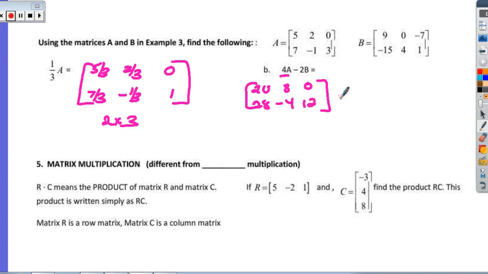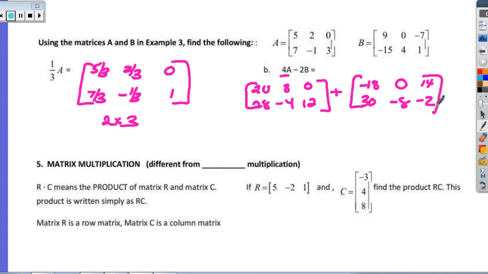Now I'm going to take this negative 2 and change it to a plus. I'm going to multiply negative 2 into all of these elements inside matrix B. And that's going to result in negative 18, 0, 14, 30, negative 8, negative 2. I was copying from the wrong place.